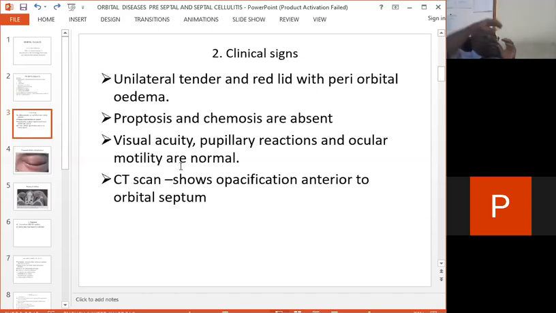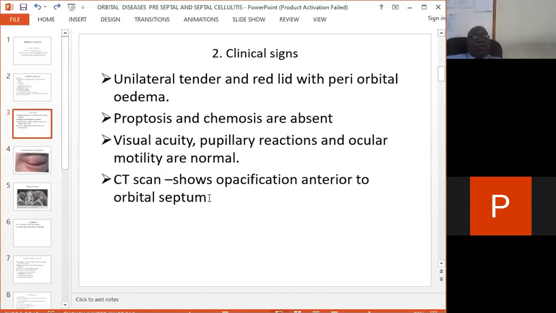So you can see retinal cells inside the eyeball, and that is not where the preseptal infection is. So there should be no pupillary abnormality. If there is, it's more than preseptal cellulitis. There's also something inside.